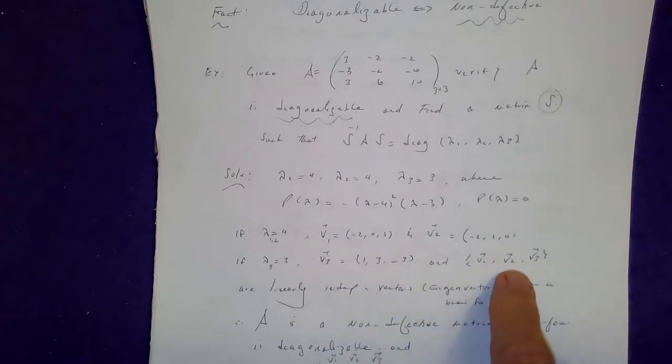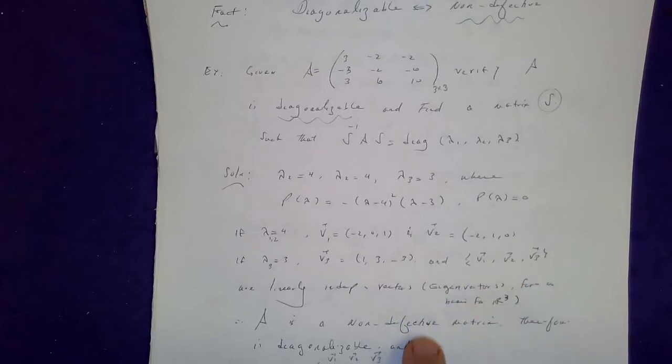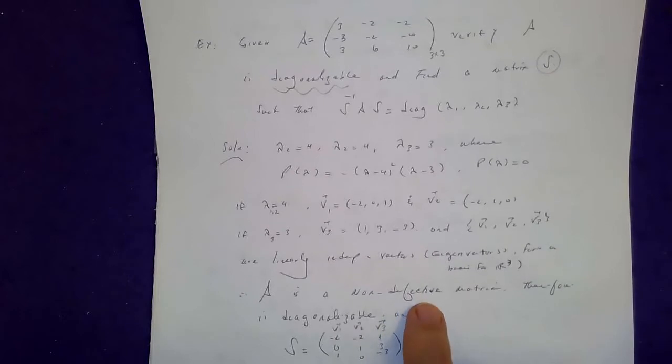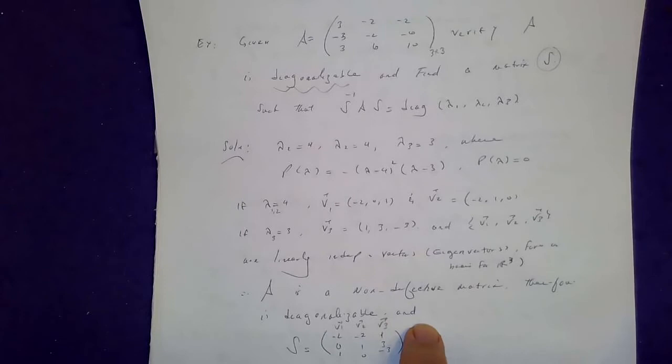So you have a complete set of linearly independent eigenvectors. Therefore, these form a basis for R3. Therefore, A is a non-defective matrix. Therefore, it's diagonalizable.